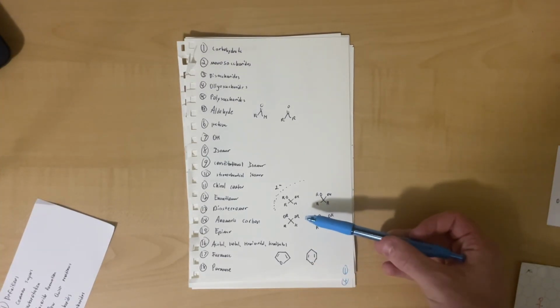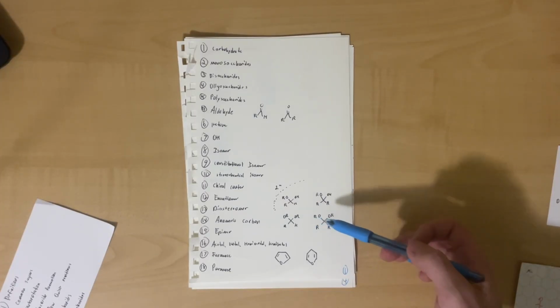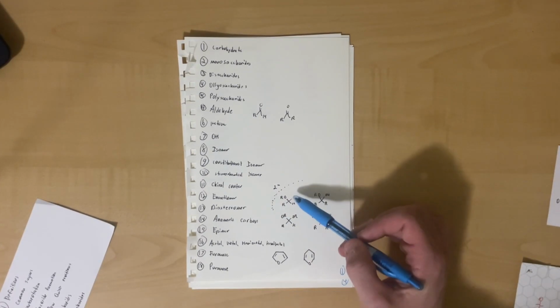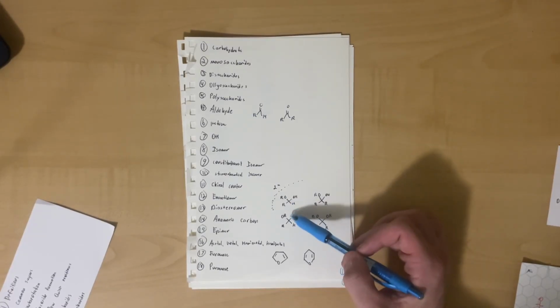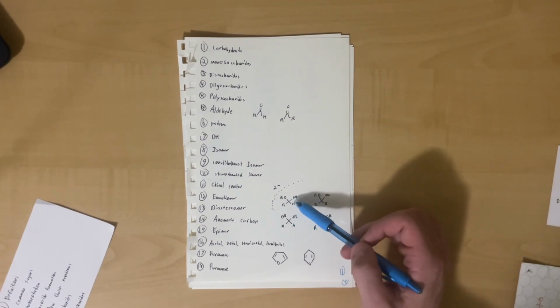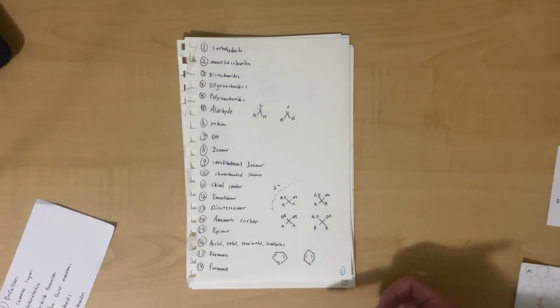Other than that, acetals and ketals are the exact same in the sense that they both have 2 alkoxy groups, which are these ORs. As for the hemi versions, hemiacetal and hemiketal, the only thing that differs is that one of the alkoxy groups is replaced with a hydroxy group.